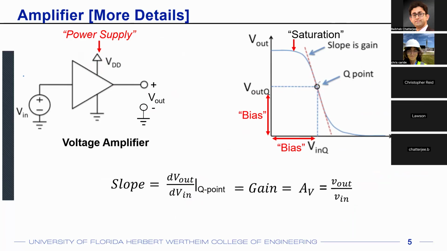Let's say instead of operating at this point, I'll apply my input over here. So this point is where I'll have the DC value of my input, and my operating point will become this. It will still probably be linear, but the range of that linearity will reduce, because on this side, if you go just a little bit, you're in the nonlinear region, whereas you have a large region to use on the top side.